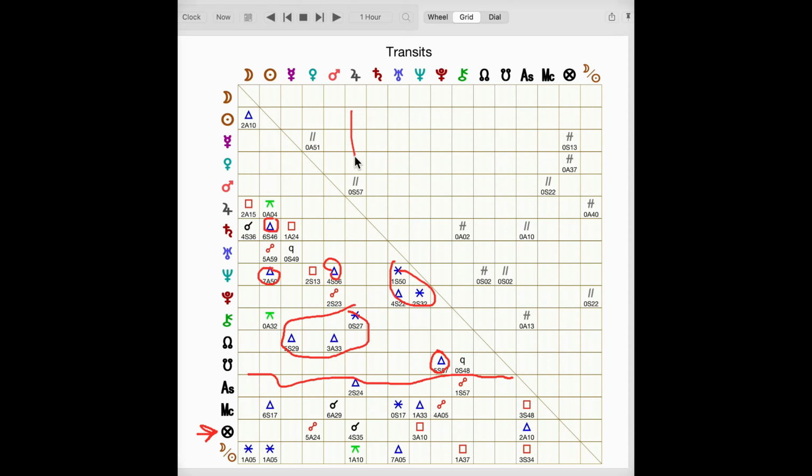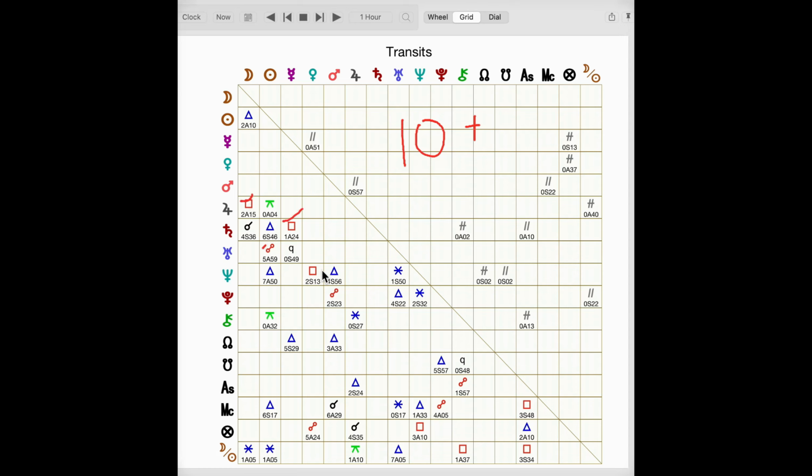So we have 10 positive, and how many negative do we have? So actually, I'm going to wipe all that out. Sorry. So we have 10 positive, and then we got, let's see, 1, 2, 3, 4, 5. But I have on here, this little guy is called the quincunx.